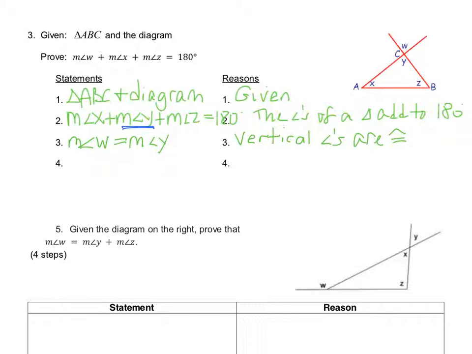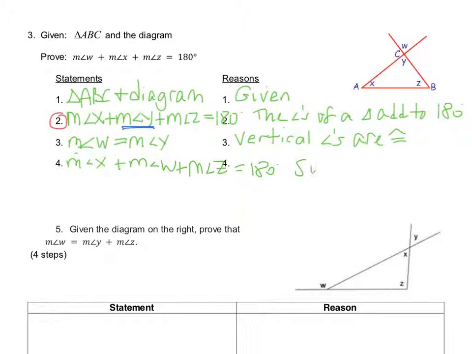Why don't we do a little substituting, and we will have the measure of angle W plus the measure of angle, you know what, let's do it in order actually. I'm going to take this statement here, I'm going to write it just like it is and replace what we have. So the measure of angle X plus, now instead of Y, I'm going to replace it with W. Measure of angle W plus measure of angle Z equals 180 degrees.